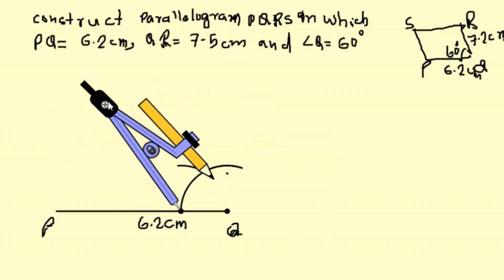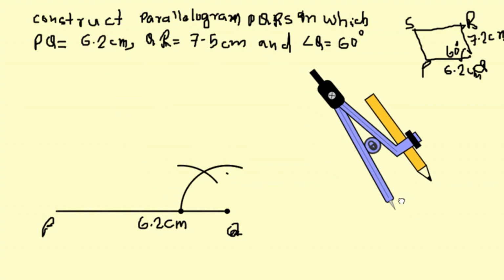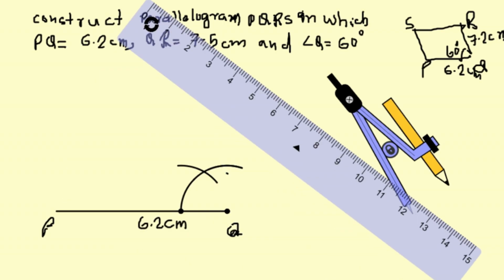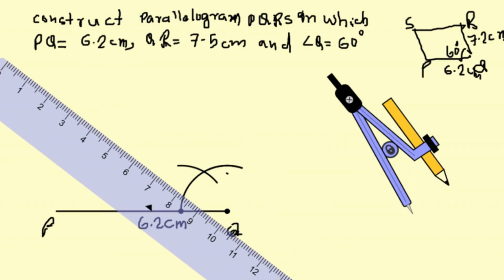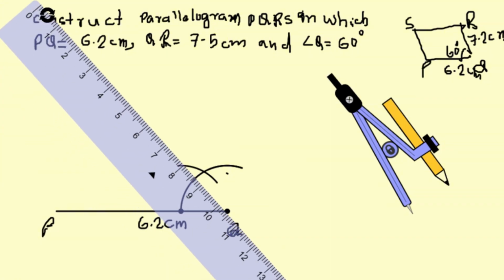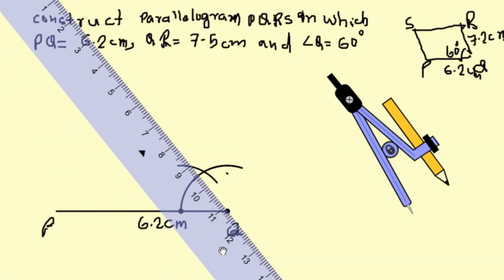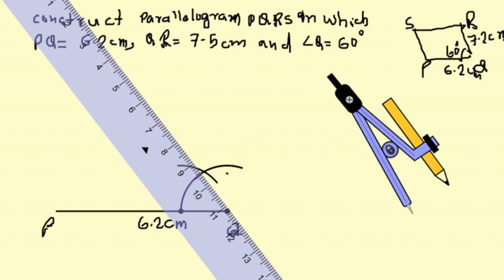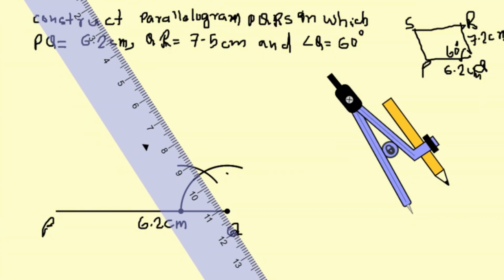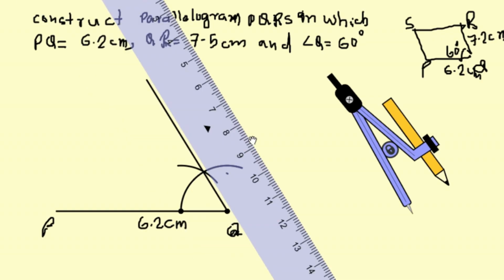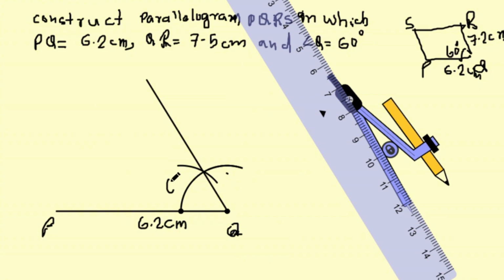This is 60 degree, put it here at the side, and then with the help of the ruler join this. Draw the 60-degree angle like this, join, and construct here with the line. And mention here 60 degree.